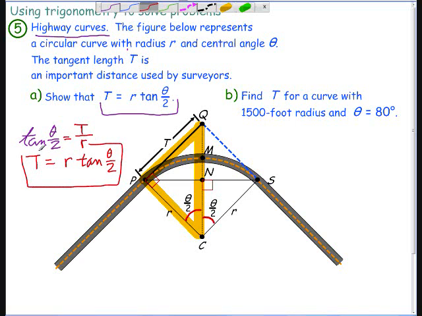So not only is it a useful measurement to have, it's also easy to calculate. Find t for a curve with a radius of 1,500 feet and a central angle of 80 degrees, which means the half angle will be equal to 40 degrees.